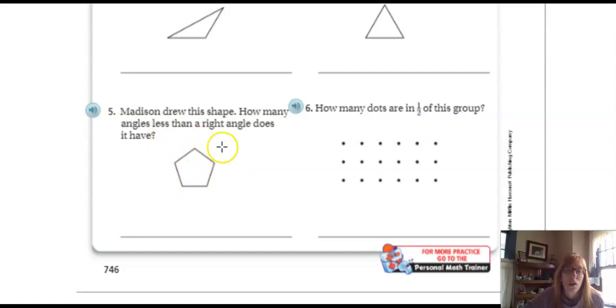They are all greater than. And then how many dots are in 1/2 of this? So if you would break it right in half, you would see that if you drew a line right here, there's half here and half here. And so you would have 9 on this side and 9 on this side.